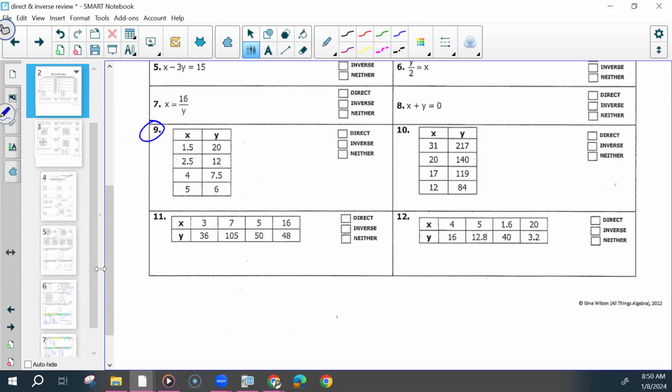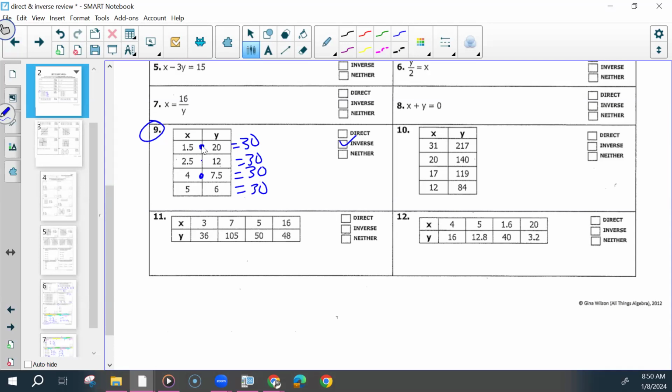Inverse, okay. So if it is inverse, when we multiply these, they all have to be the same. So what is 20 times 1.5? 30. 12 times 2.5? 30. 4 times 7.5? 30. And then we know the last one is 30. Because it's the same, that is inverse.